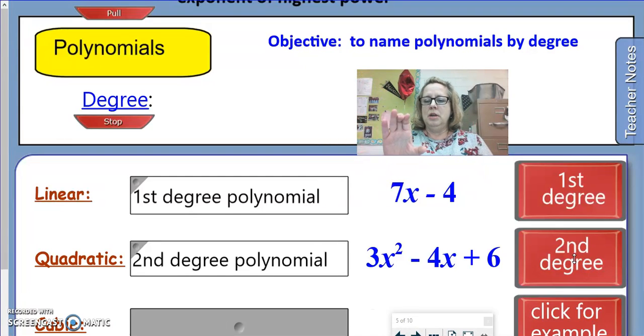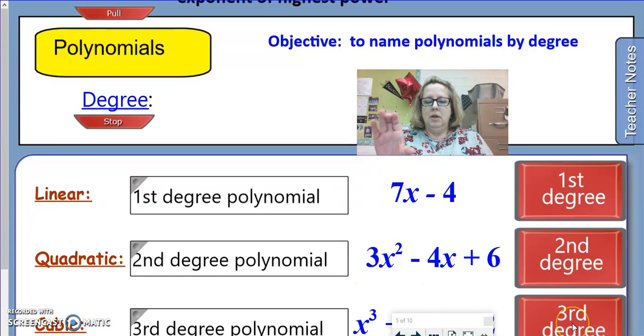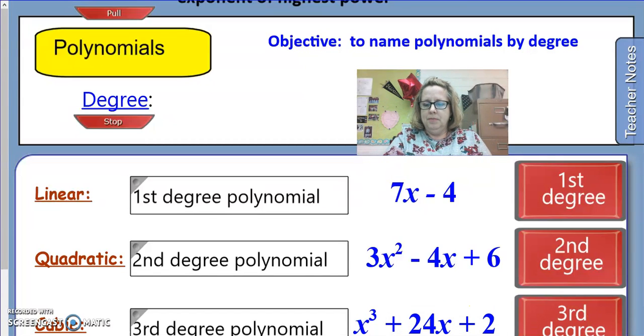And the last one is cubic. A cubic expression has x cubed, or x to the 3. That makes it a cubic polynomial. So those are the 3 different kinds of polynomials by degree.